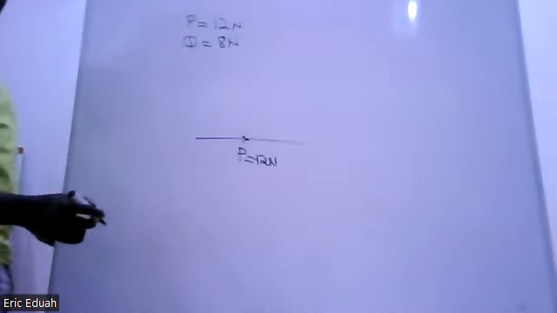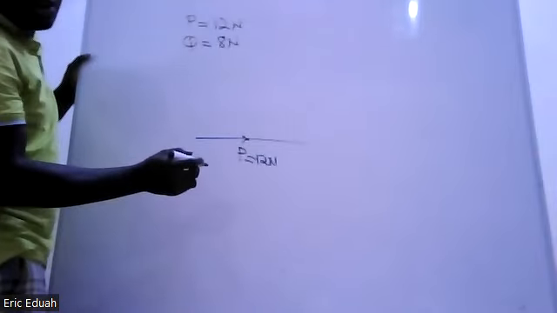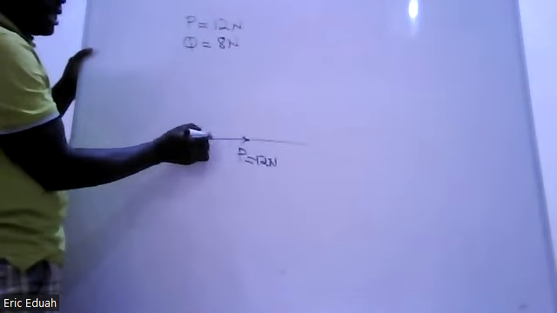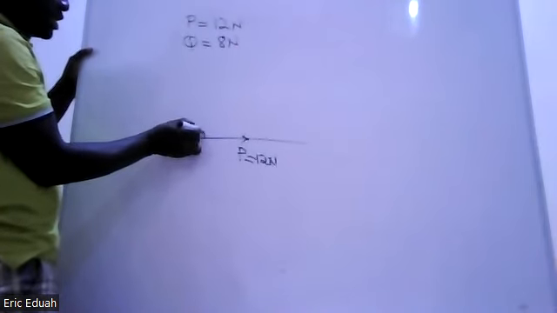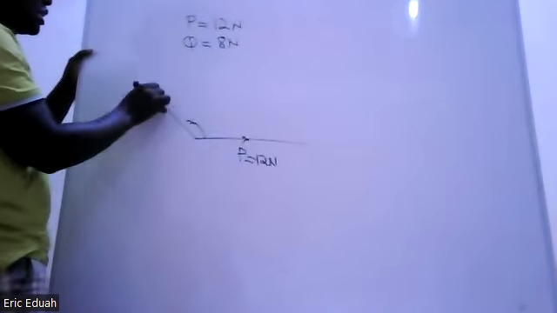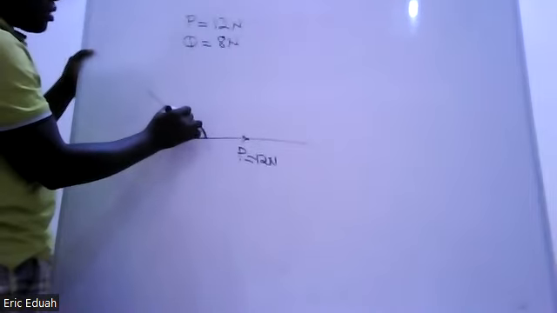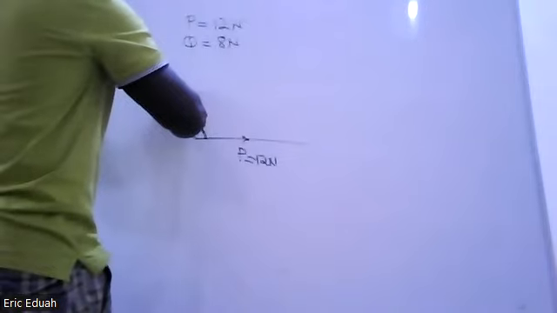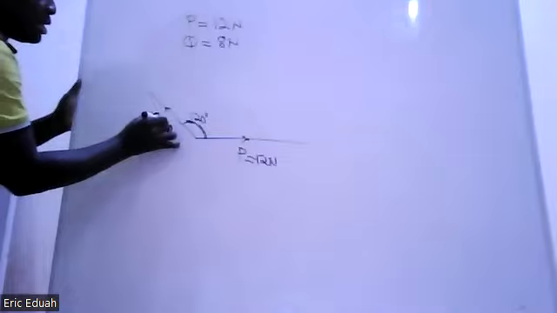And before you locate Q, you have to measure an angle of 120 degrees from P, because the angle between the forces is 120. So let's assume this is 120 degrees, and this will be Q, 8 Newton.